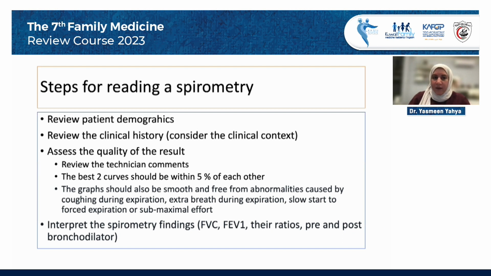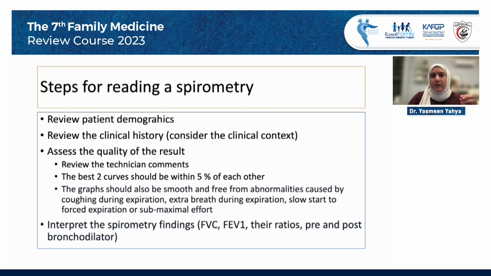So when we read the spirometry, what are the steps? You need first, of course, to check the patient demographics are correct, and then review the clinical history, because you need to consider the clinical context. You are not just reading a spirometry or a paper. You have a patient in front of you. Then it's important also to see the quality of the test.